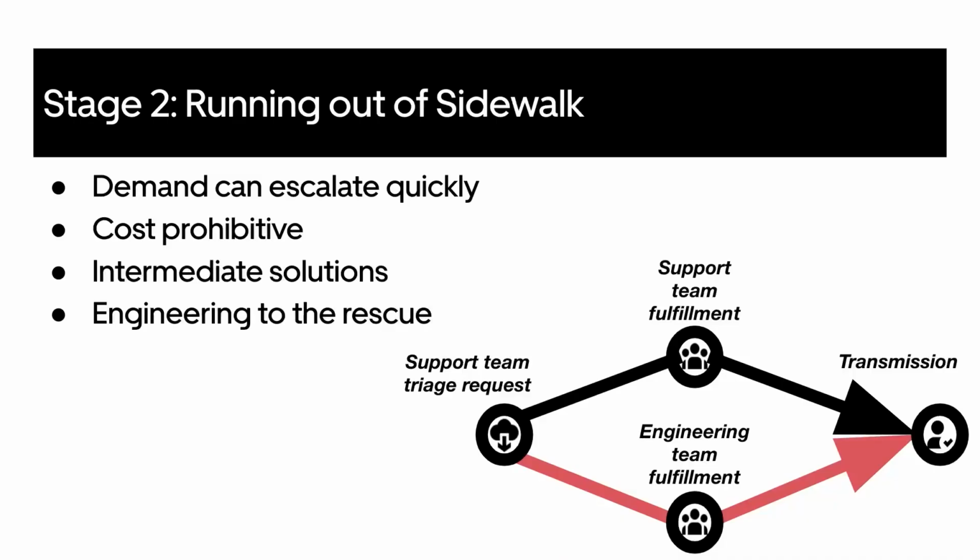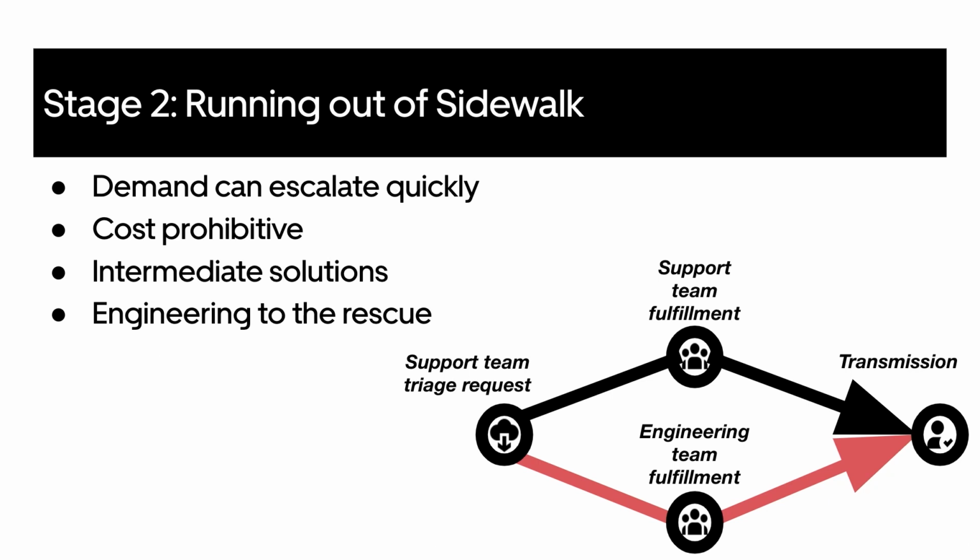So now to go back to the process towards automation. You have that manual process that I defined in stage 1. What's the problem with that process? Why can't you just use it indefinitely? Well, things can change pretty rapidly, and demand can escalate pretty quickly.